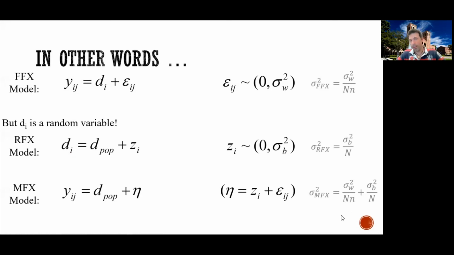And of course, if you look at this, it should also be clear that if you want to minimize variance at the group level, would you rather give each subject more time points, so sample more from each subject, or would you rather sample more subjects? Which would you pick?